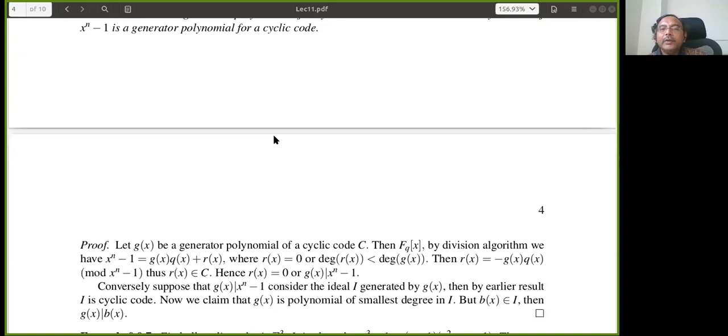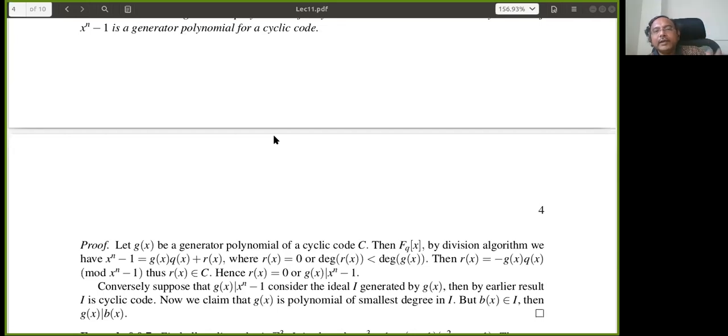So now cyclic codes are associated with ideals in Fq[x]/(x power n minus 1). There is a one-to-one correspondence with ideals. We prove that Fq[x] modulo x power n minus 1 is a principal ideal ring, which is a separate topic from ring theory. Every ideal is a principal ideal. You don't need to worry about coding theory for that.